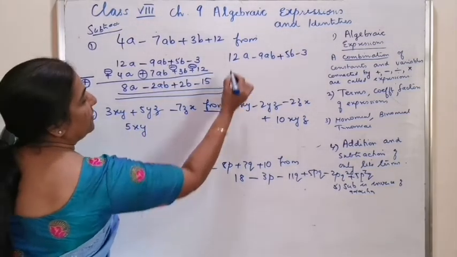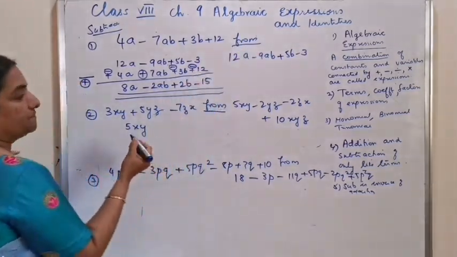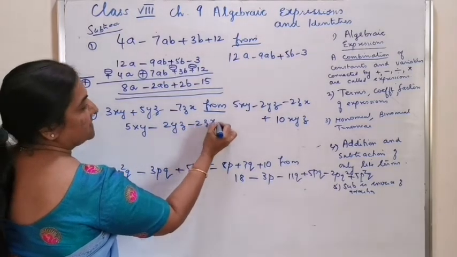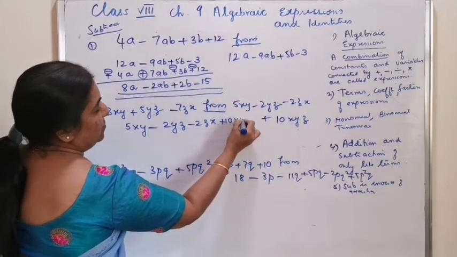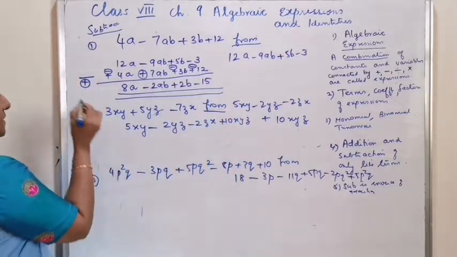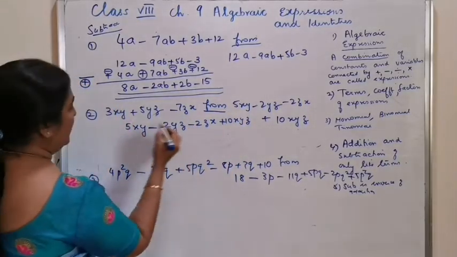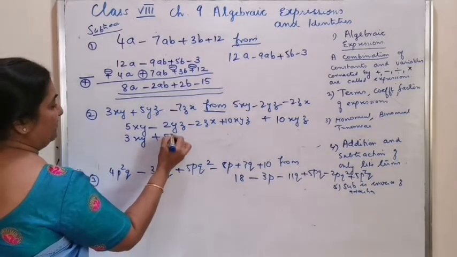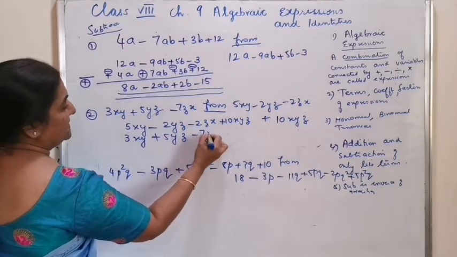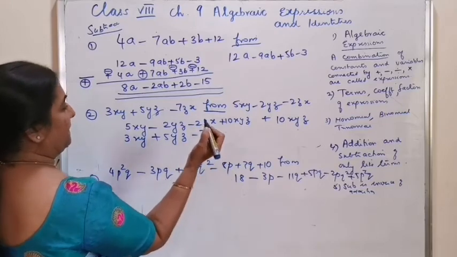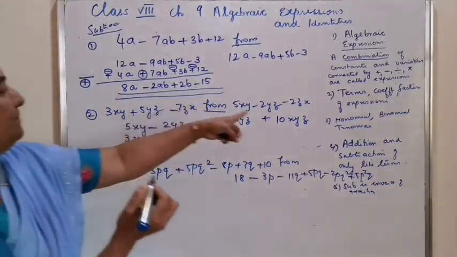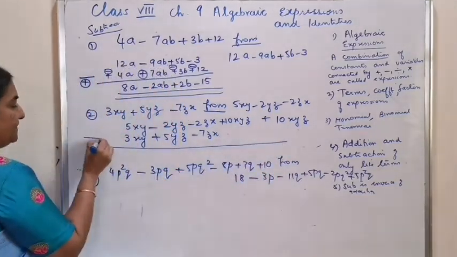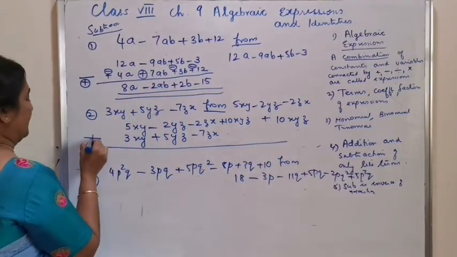5xy, the form is very important, minus 2yz minus 2zx plus 10xyz. With the term positive 3xy plus 5yz minus 7zx from this. That means subtraction has turned into addition.